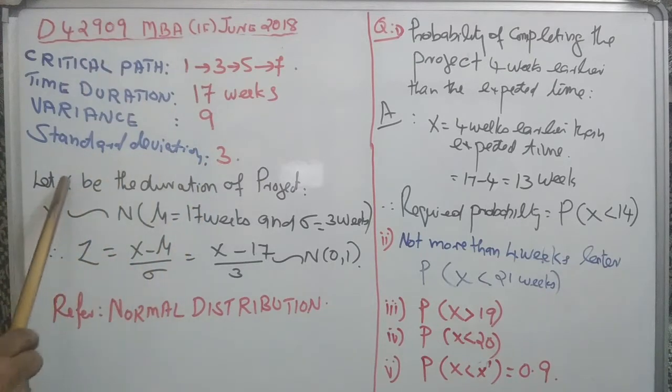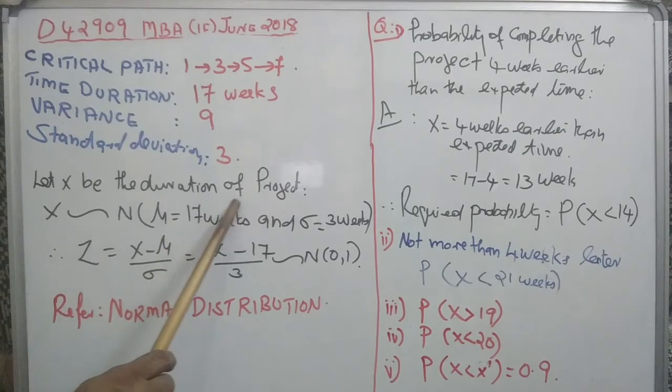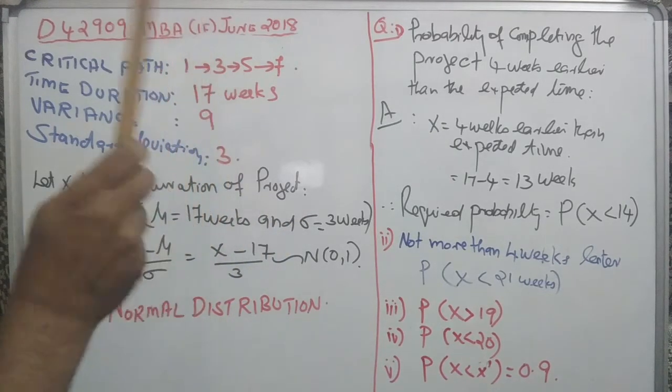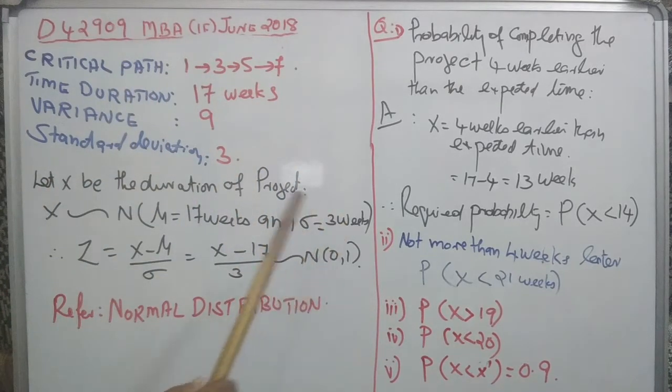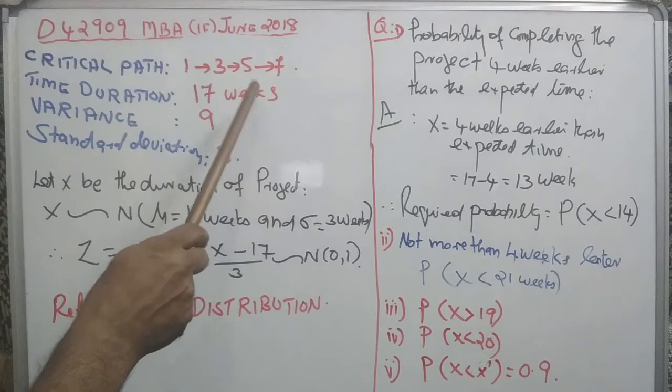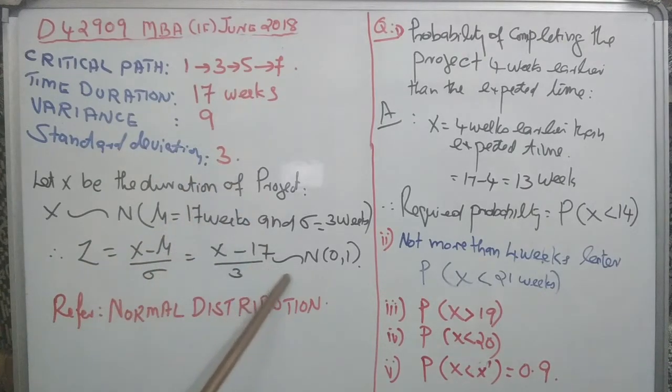So we introduce a random variable X, which denotes the duration of the project. The average duration is 17 weeks and standard deviation is 3 weeks, which are the two parameters of the normal distribution. Then the standard normal denoted by Z is equal to (X minus mu) by sigma, that is (X minus 17) by 3. Mu is 17, sigma is 3, which follows a standard normal distribution.